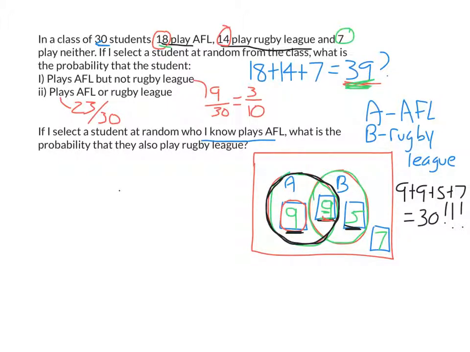Well, there are 18 in this circle, 9 plus 9. 18 AFL players, and of those 18, we figured out 9 play rugby league. So my chance of picking someone who plays rugby league is 9 out of 18 or a half, and we're done. That's how Venn diagrams can make probability calculations so much easier.